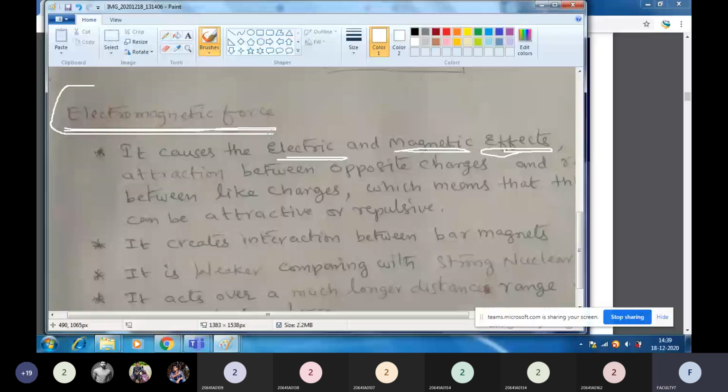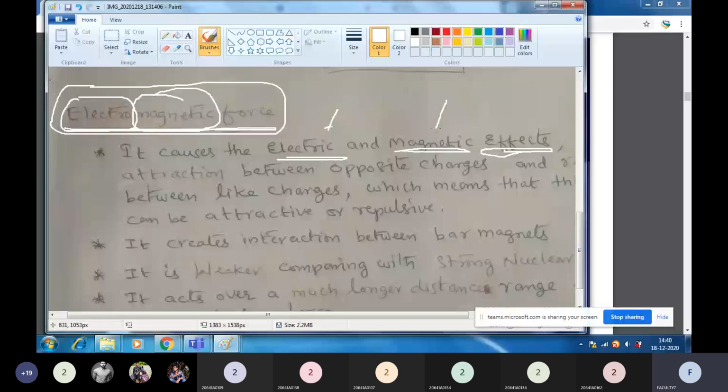The first part is electro, regarding the electric field. The next one is the magnetic field, or the magnetic field force. So both forces are included. It causes the electric field effects as well as the magnetic field effects.